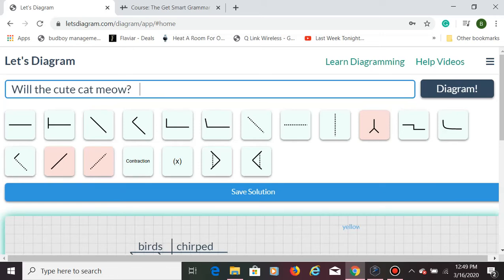So, remember for question sentences, a good way to find the subject is to change it into a statement. So to change this into a statement sentence, we would change it to the cute cat will meow, period.